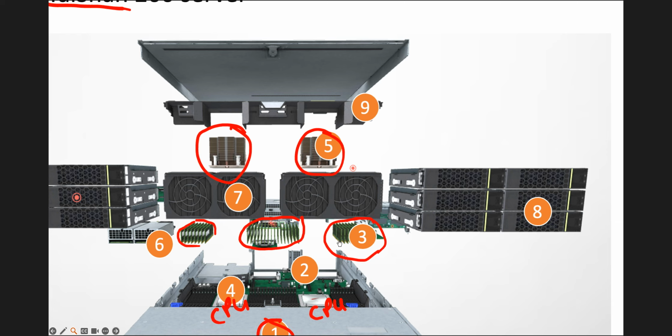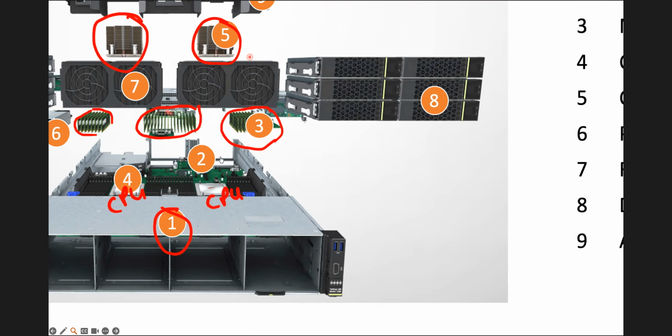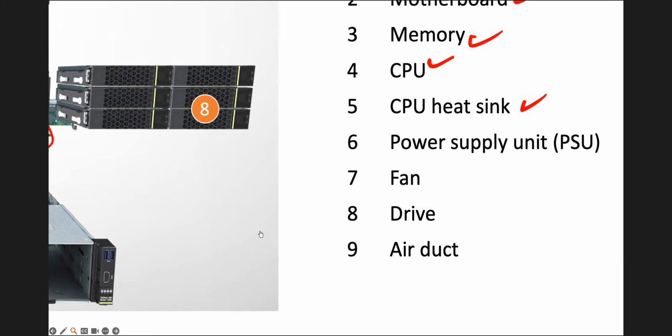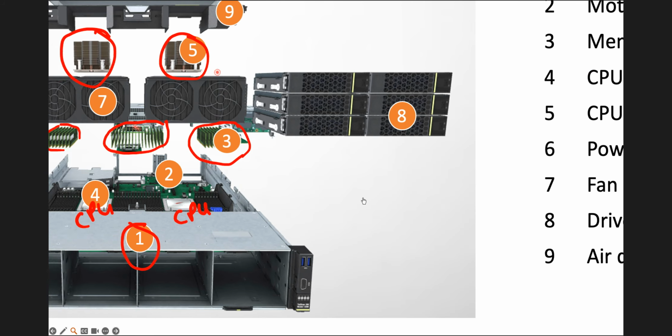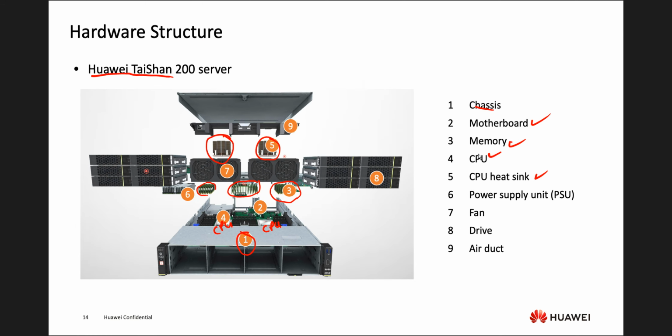And then you also have, number six, the power supply, the power unit. The power supply unit, the PSU, means that you can put in two or four, depending on how the server is built. They normally call this a power distribution unit, a PDU.